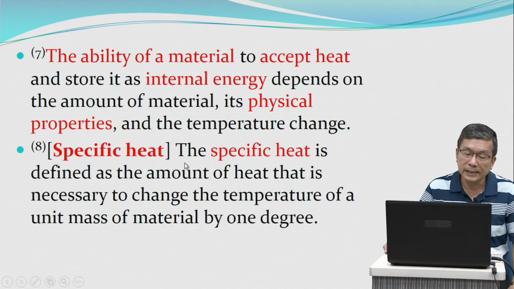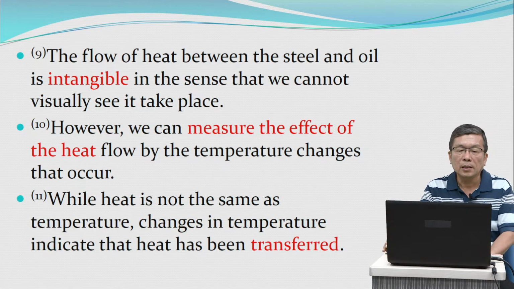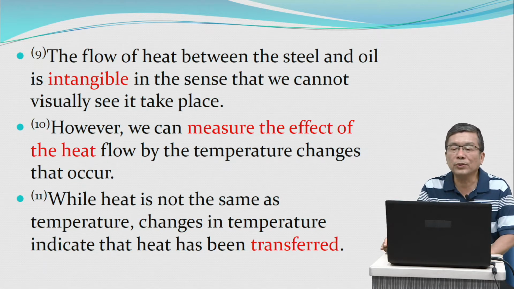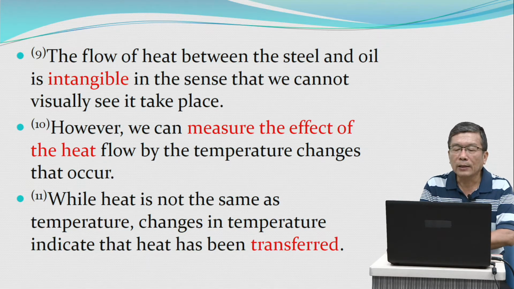Specific heat. The specific heat is defined as the amount of heat that is necessary to change the temperature of a unit mass of material by 1 degree. The flow of heat between the steel and oil is intangible, in the sense that we cannot actually see it take place.